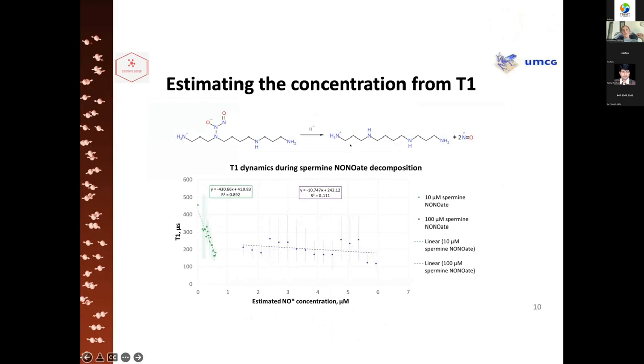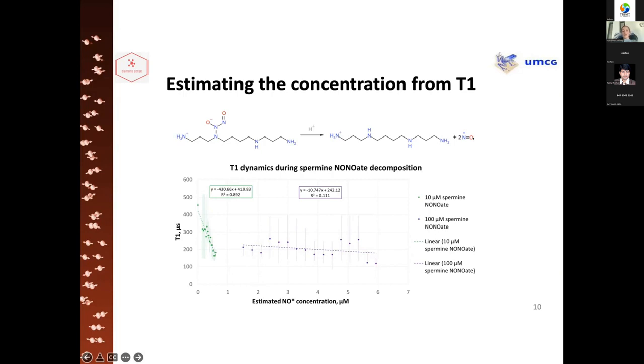So I told you that we get these T1 values, but most people are not really interested in T1 values, they want to know the concentration of radicals. To get that, we made a calibration, and we use these compounds here that are called NONOates. If you add these compounds in an acidic environment, they will split off this molecule here, and they will generate nitric oxide.